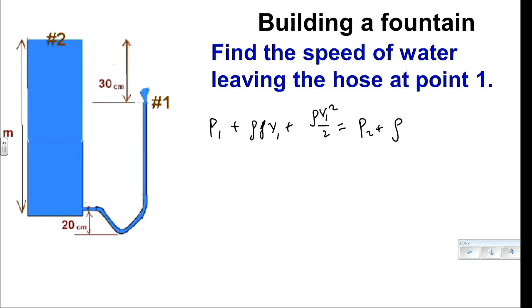and we should say something about the pressure. The surface number 2 is open to the atmosphere. The surface number 1 is also open to the atmosphere. So what does it tell us about the pressure?